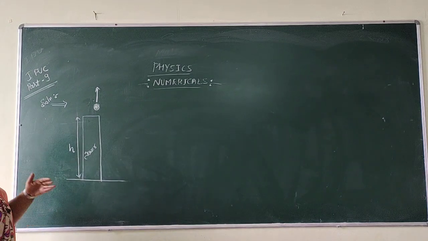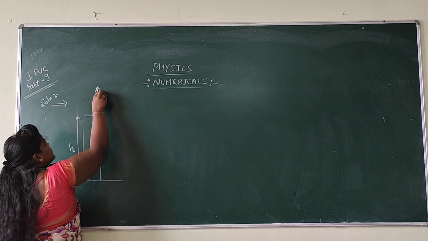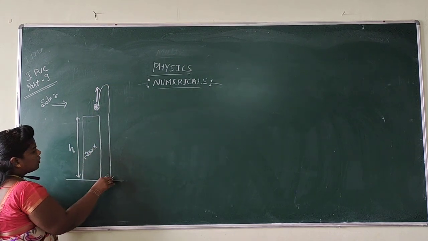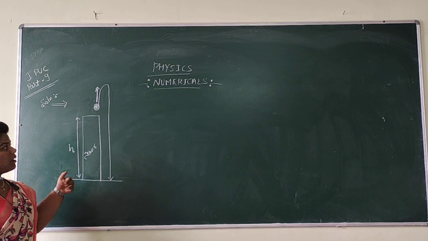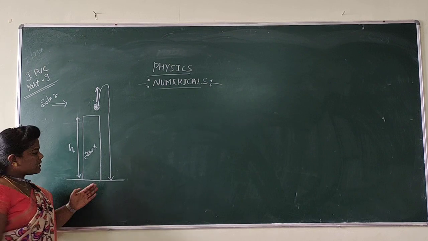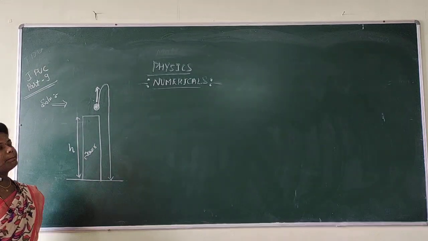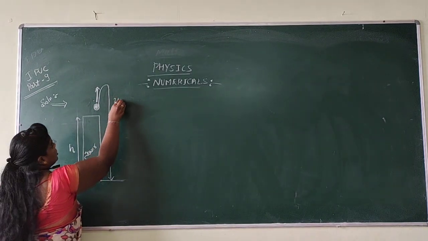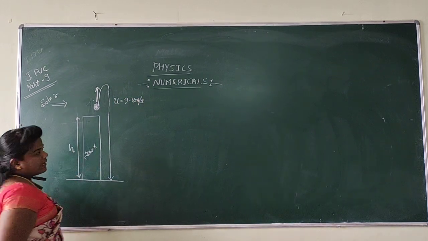See how much distance it may travel. It may travel some distance in the vertical direction and again it returns back to the ground. This we know, right? The stone is going to reach some height from the top of the tower and after some time it comes back to the ground. Then what is the initial velocity they gave? The initial velocity is 9.8 meter per second.